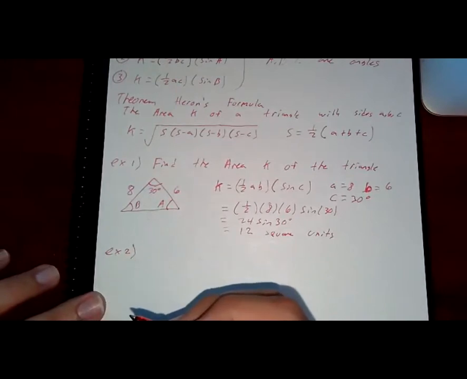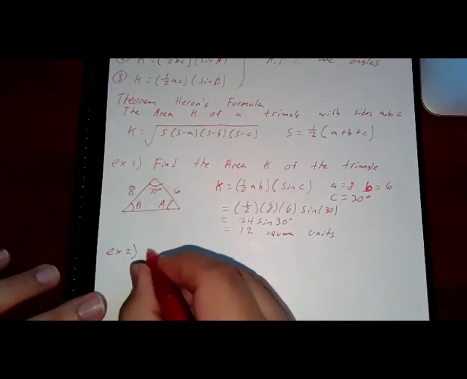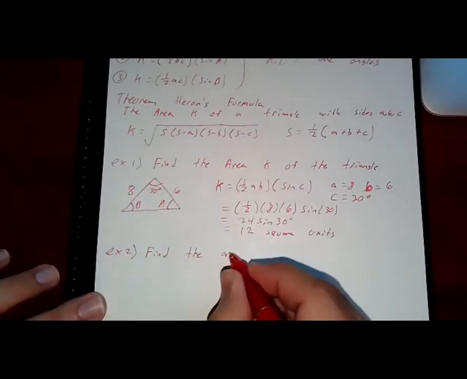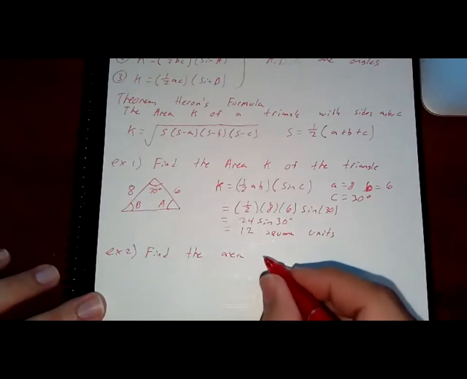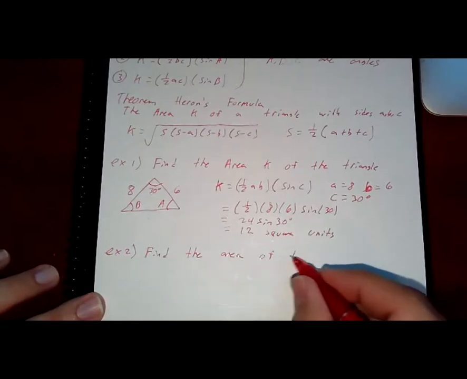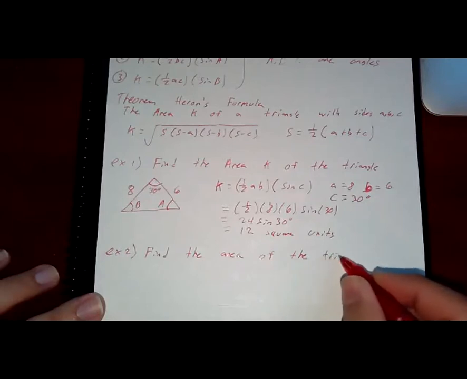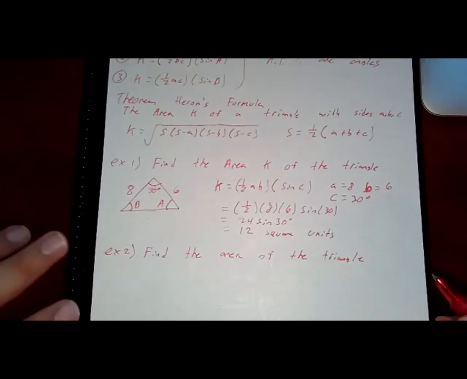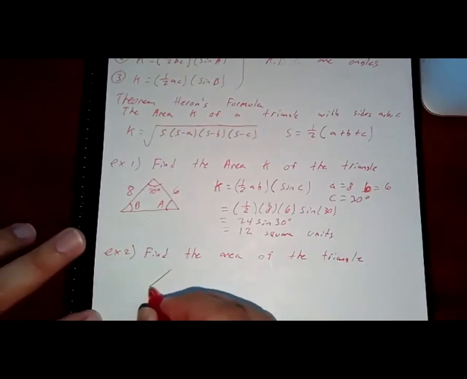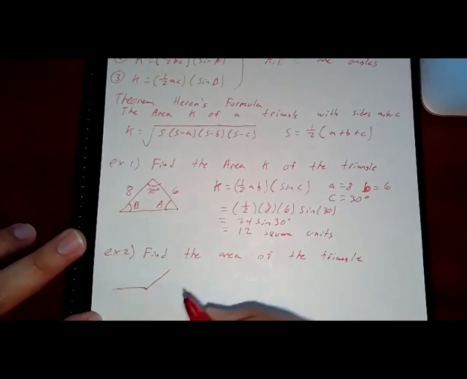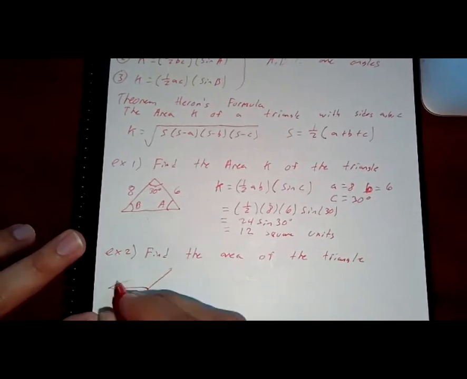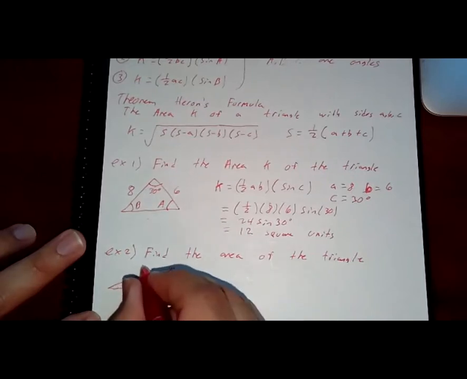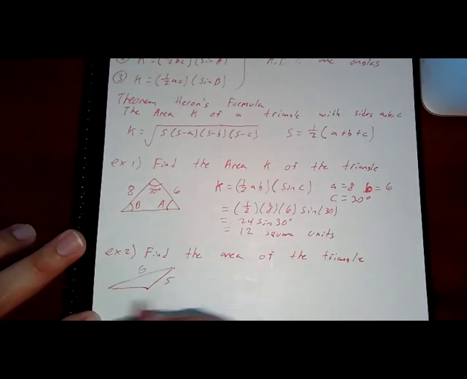Example 2. All right, so on this one, I'm going to give you all 3 sides. Find the area of the triangle. Okay, 6, 5, and 2.